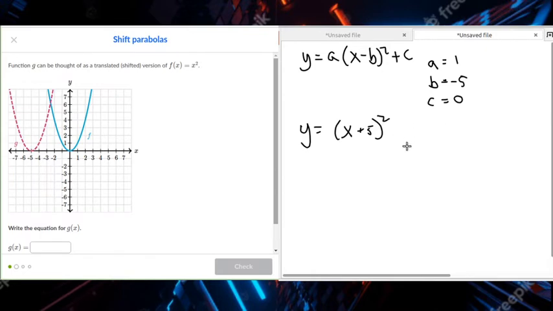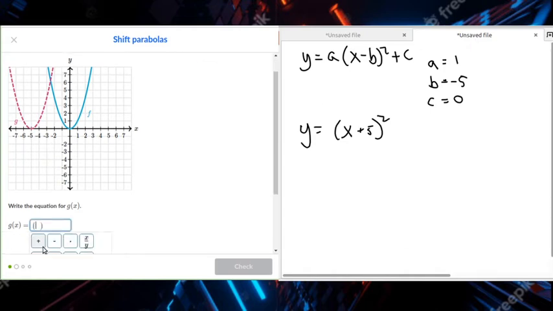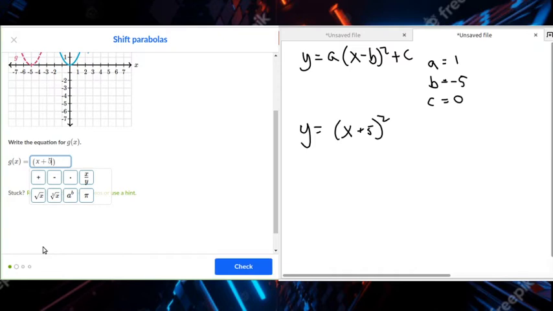Well, we don't have to write that. So we can write the equation as g of x is equal to (x plus 5) squared.